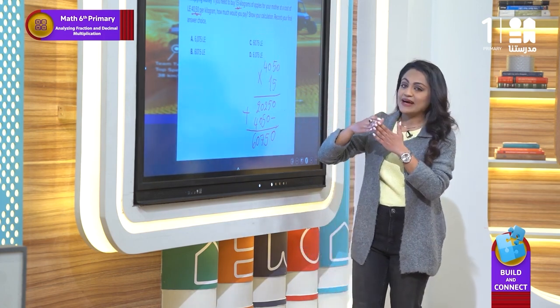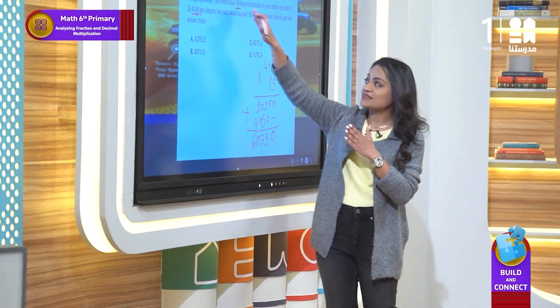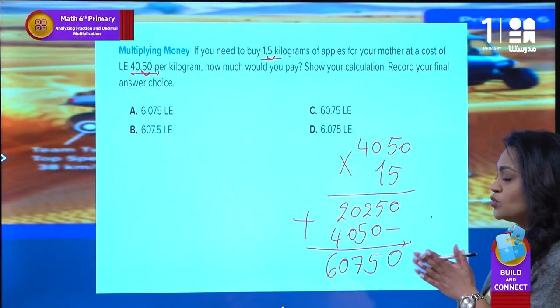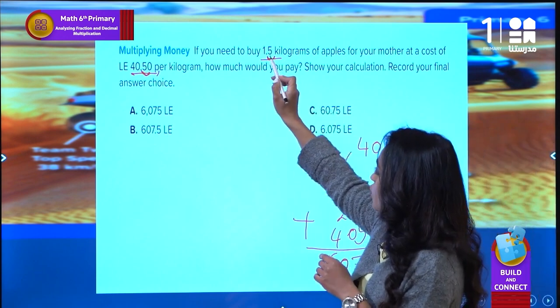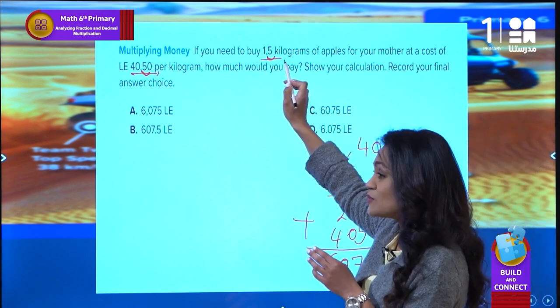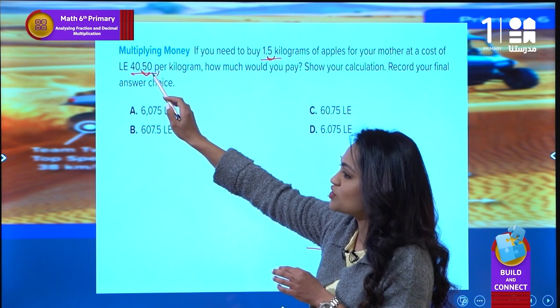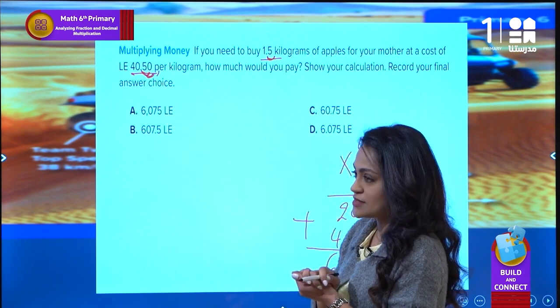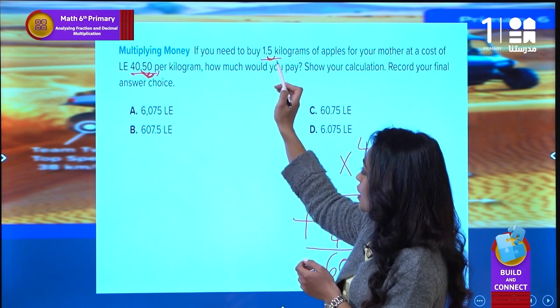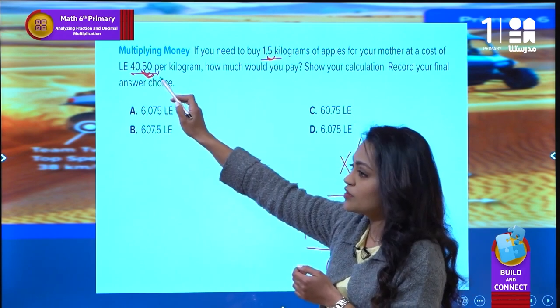So according to the decimal points in the factors, we are going to put the decimal point here. Let's count together. Here, 1 digit after the decimal point, and here, 2 digits. So 1, 2, 3.